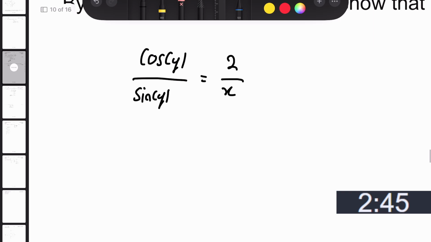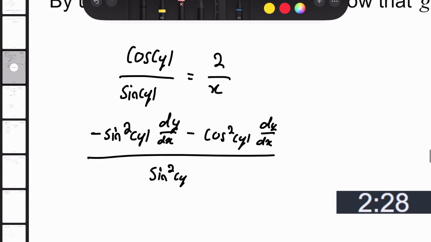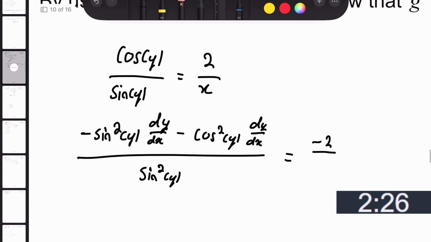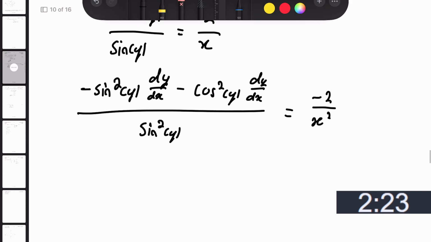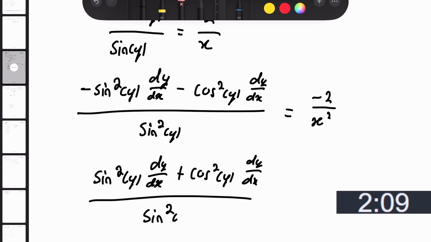x. And the top is negative sine, so negative sine squared of y dy dx minus cosine squared of y dy dx on sine squared of y. It's going to negative 2 on x squared. So now let's do sine squared of y dy dx plus cosine squared of y dy dx. So y is going to equal 2 on x squared.